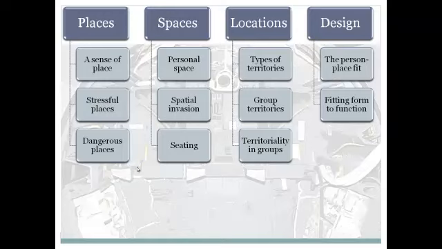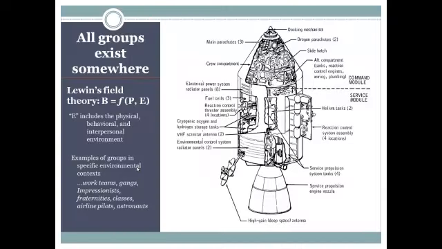Okay, we'll start with the places that people work. Basically, if you look at, for example, this close-up of the space vehicle that the Apollo 13 crew worked in, it was a pretty tight, close space that they had to work in under extremely stressful circumstances, but they were able to work together, and they were able to bring the ship back home safe, and everybody survived.